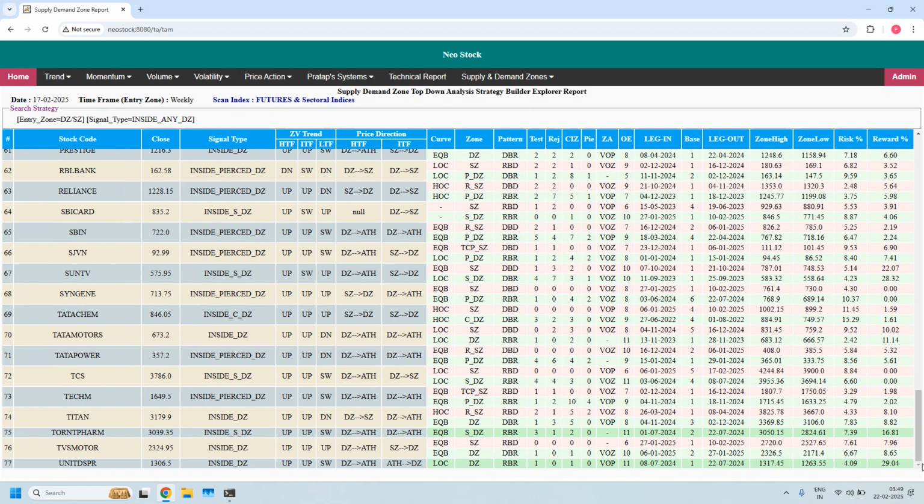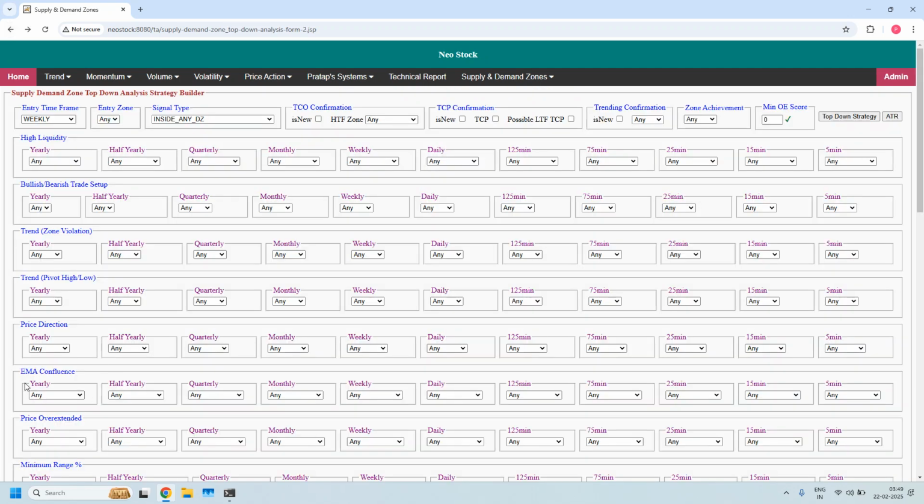Out of these 77, how many of these weekly demand zones are having weekly EMA confluence? Let us further filter this list. So in the EMA confluence at weekly time frame, I am setting the filter weekly demand zone having weekly EMA confluence, and also trend on the weekly time frame I am selecting up or down.